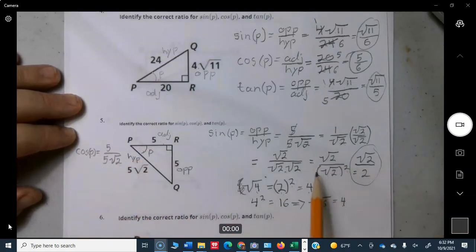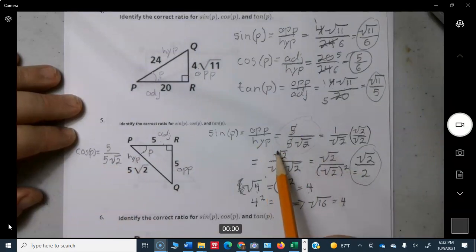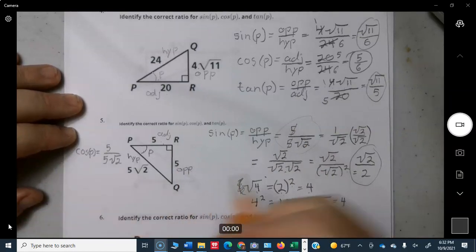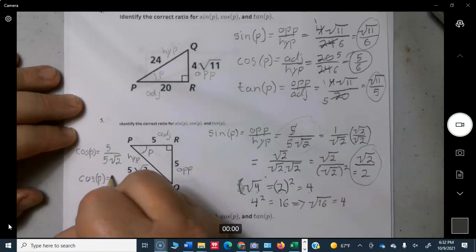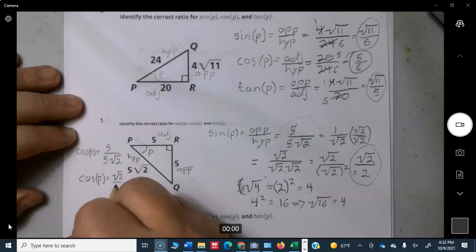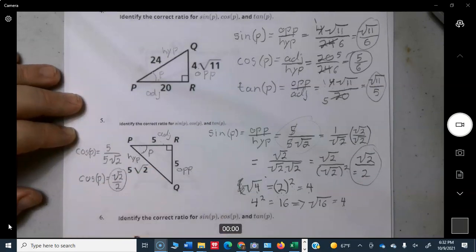It's going to give you exactly the same thing. We had that over here, 5 over 5 root 2. Since the opposite and adjacent are the same, it's going to give you the same answer. You just work it the same way. So the cosine of P equals square root of 2 over 2. That's the answer for that. Okay, and finally tangent.